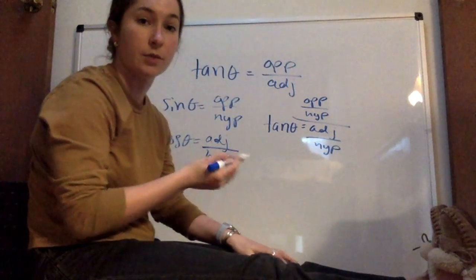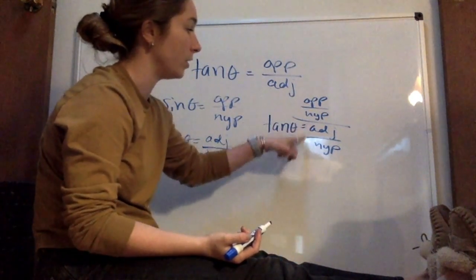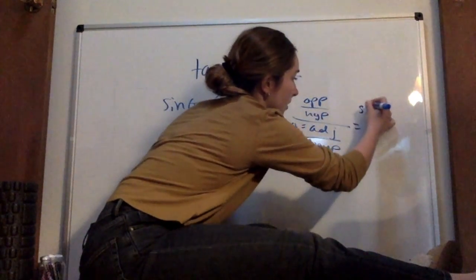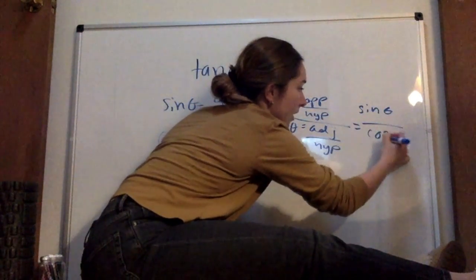And these hypotenuses will cancel out, because when you divide by a fraction, you really multiply by its reciprocal. And this is the same as sine over cosine.